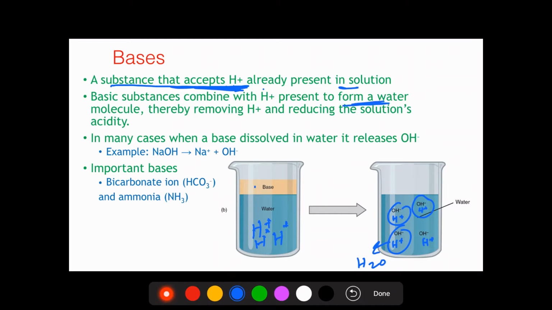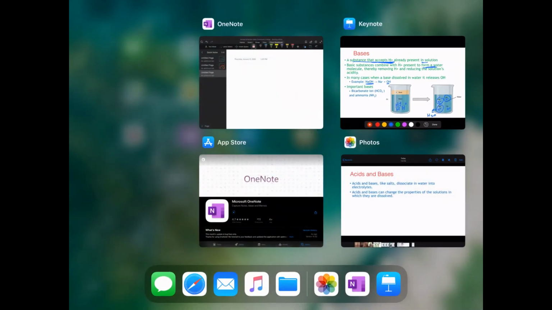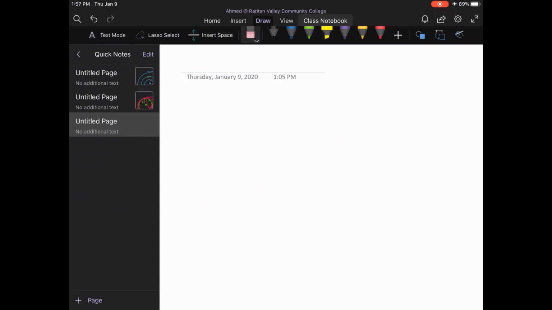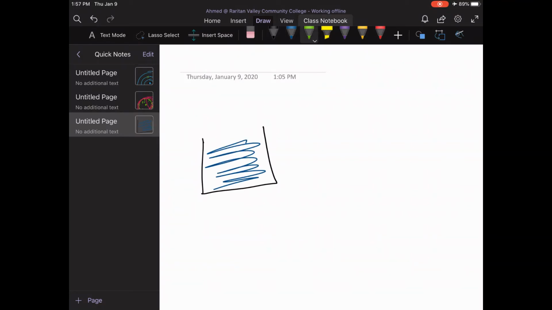An example: you will wonder where this OH negative is coming from. Basically, it's coming, for example, from NaOH. Let's say I have a cup of water, and let's assume that I already added HCl into it. So I now have hydrogen ions.